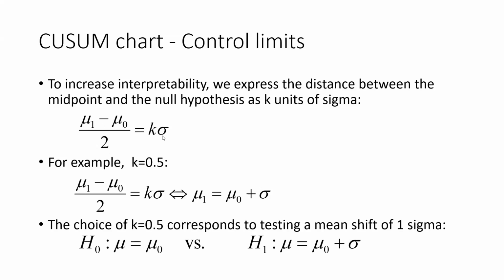It's a standard deviation. So for example, if we chose a multiple of 0.5, then we can compute this, and this corresponds to mu1 equals mu0 plus sigma. So we are testing for a mean shift of 1 sigma. The alternative is 1 sigma above the null hypothesis.